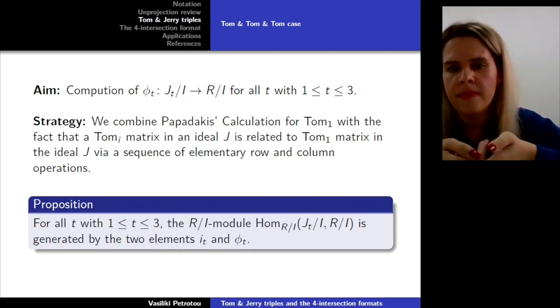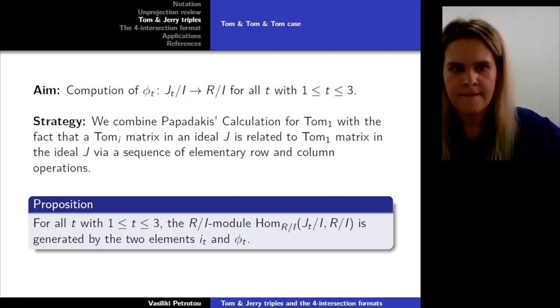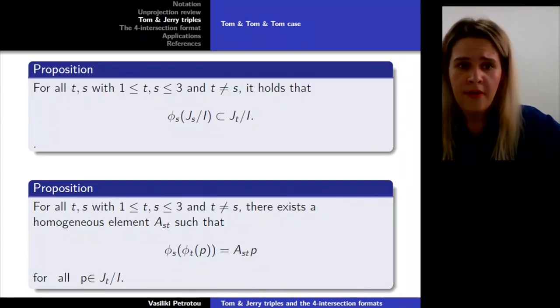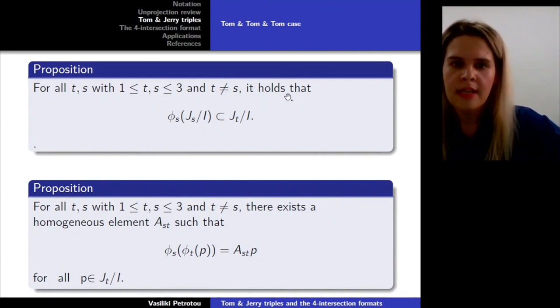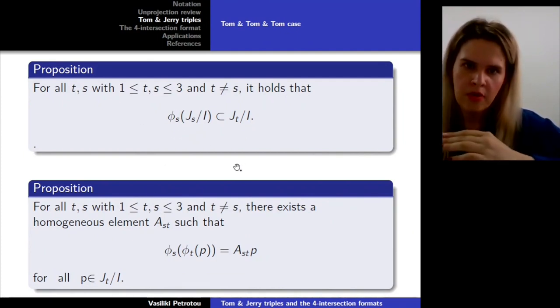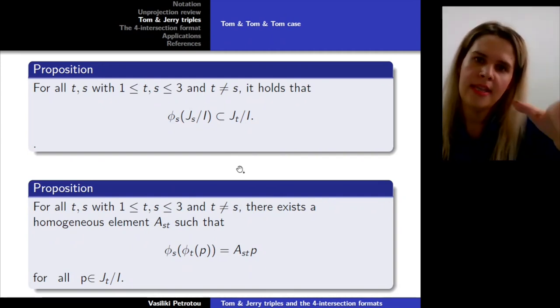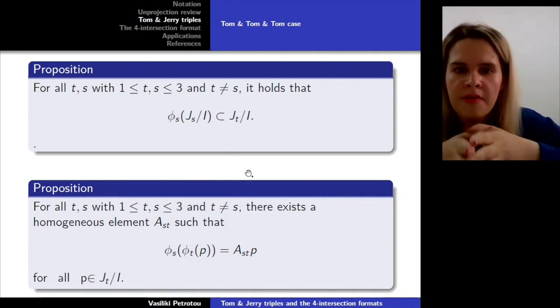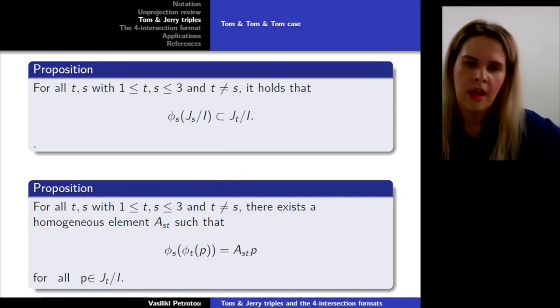So the same holds for our phi's. Moreover, for all T and S distinct, it holds this inclusion. And this proposition completes all the conditions that our initial data should satisfy in order to perform parallel Kustin-Miller projection.